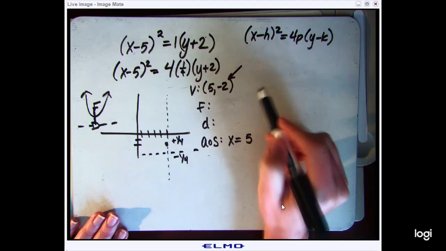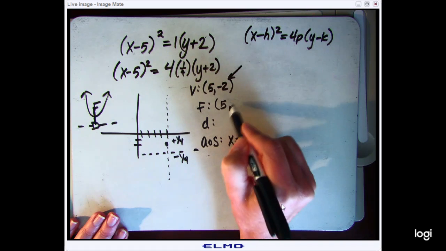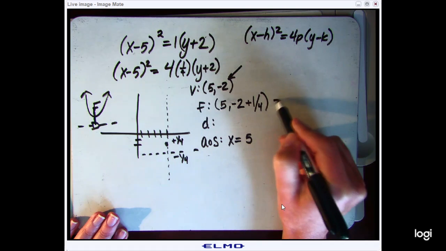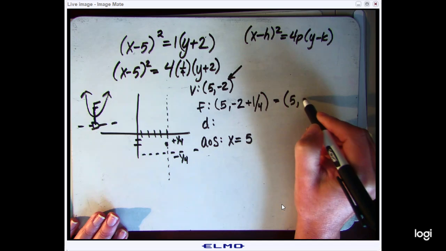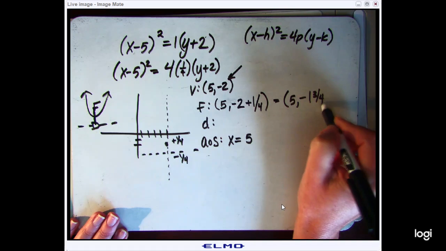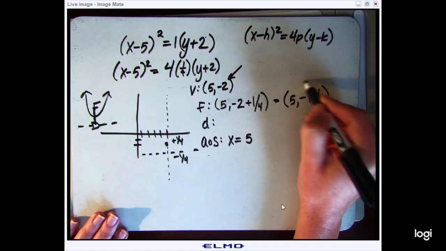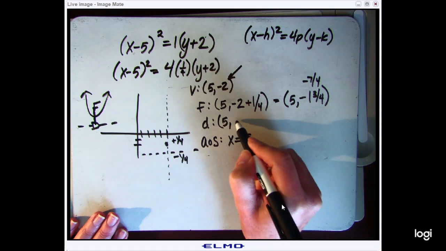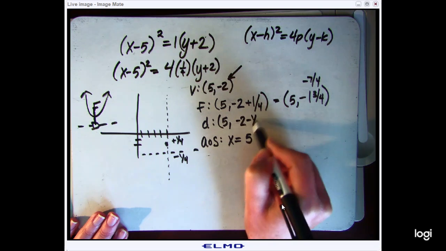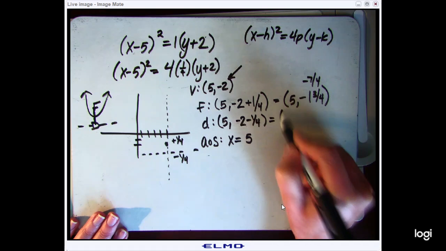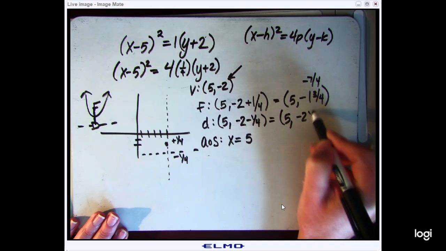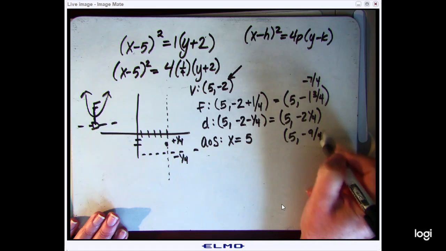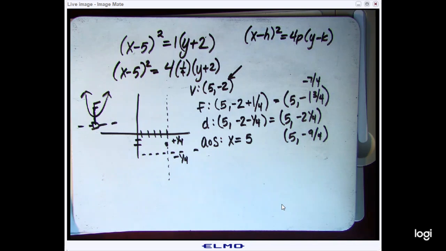So the focus is (5, -2 plus 1/4), which is (5, -1 3/4). You could change that to -7/4. Directrix would be -2 minus 1/4. So (5, -2 1/4), or we could call that (5, -9/4). And it's going to have you just type in that information.